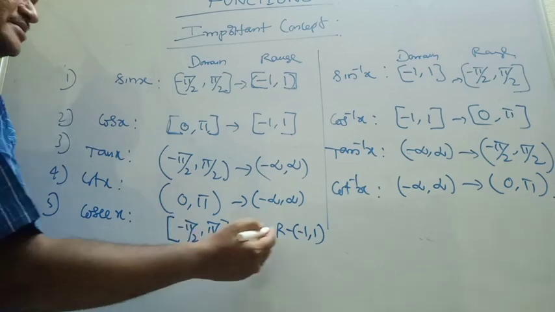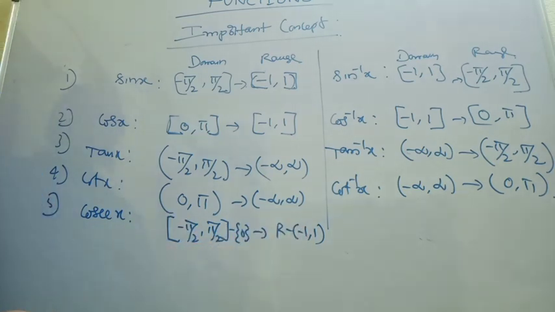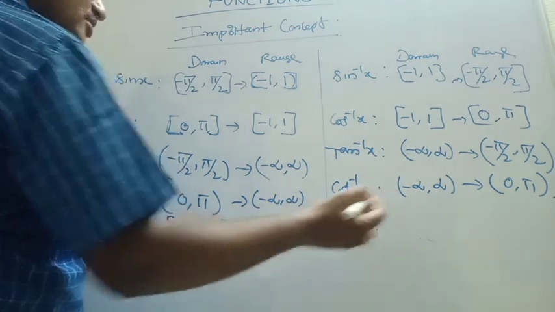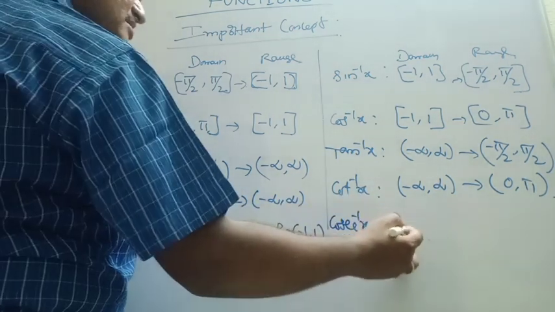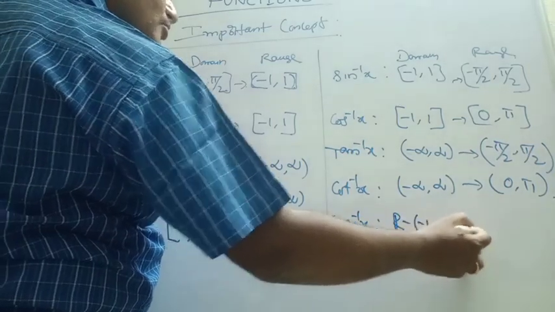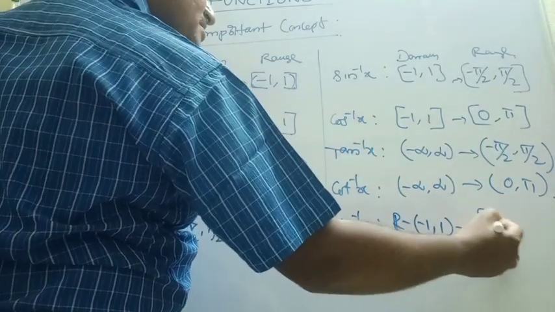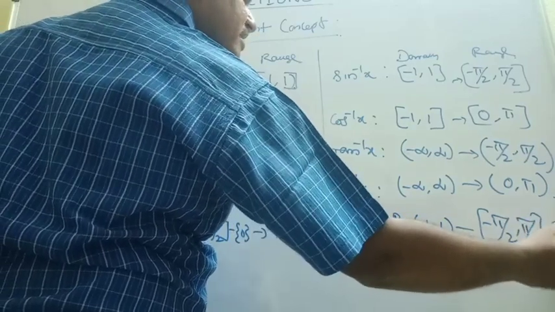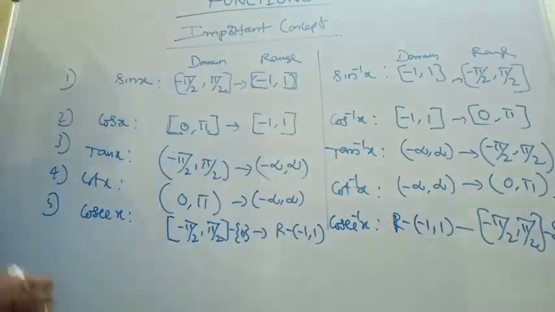The range becomes R minus (-1, 1). Cosecant inverse x goes from R minus (-1, 1) to -pi/2 to pi/2 except 0.